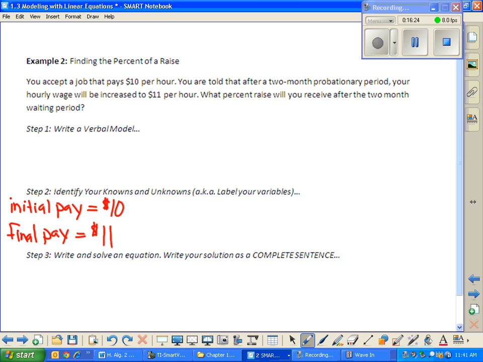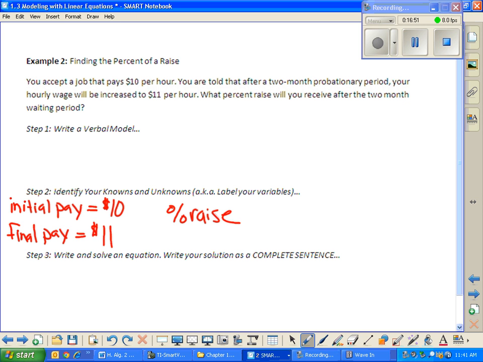Okay, so the percentage. Percentage of what? Percent of raise. I don't like that. I'm going to put percent raise, not percent of raise. So when I don't know something in math class, what do I call it?